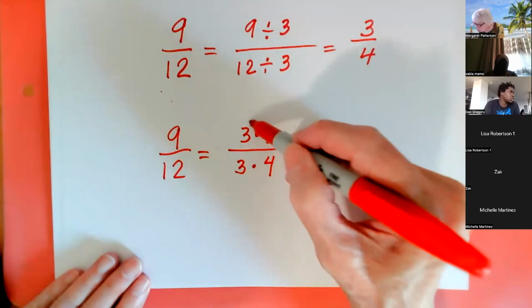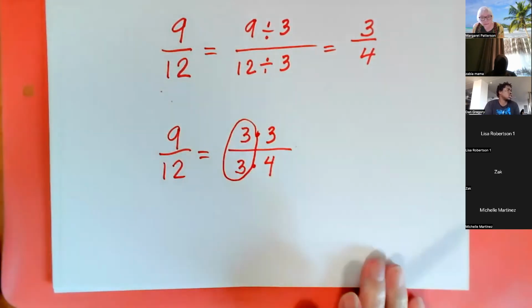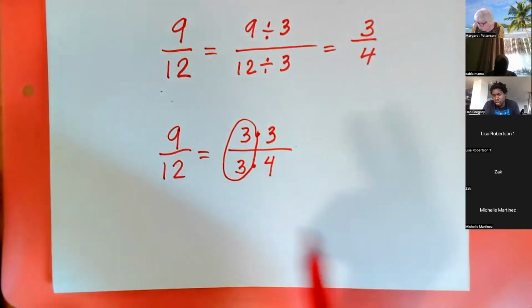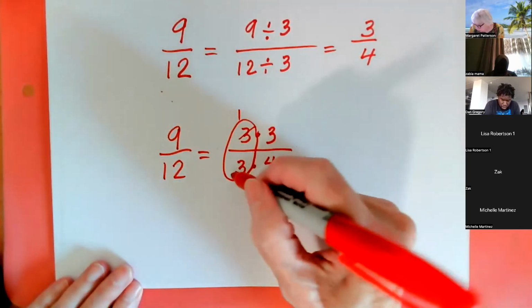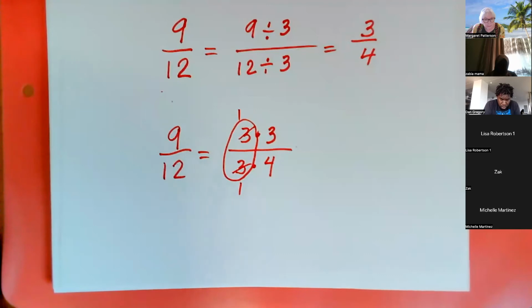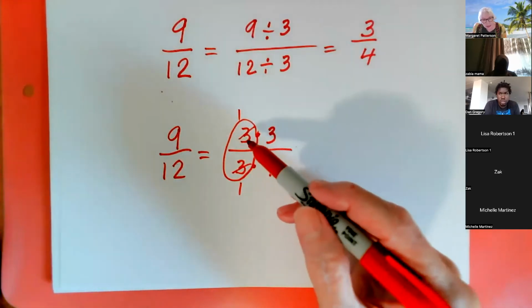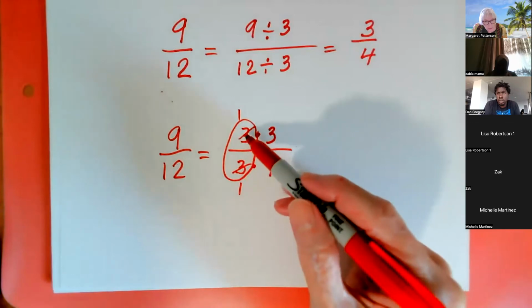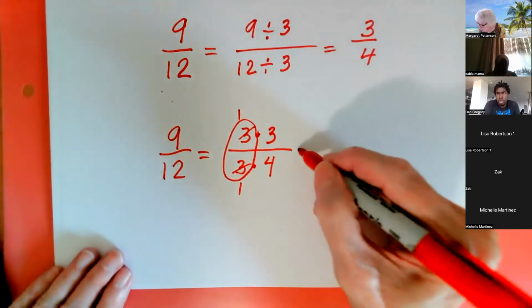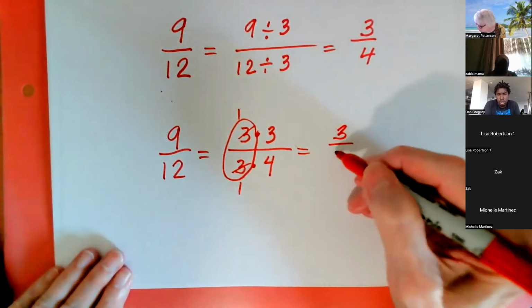But then this 3 divided by 3 is 1. And so I can cancel. In some cases, I brought that fraction in because I needed to make it larger. In this case, I'm taking that fraction out. 3 divided by 3 is 1. This reduces down to 3/4.